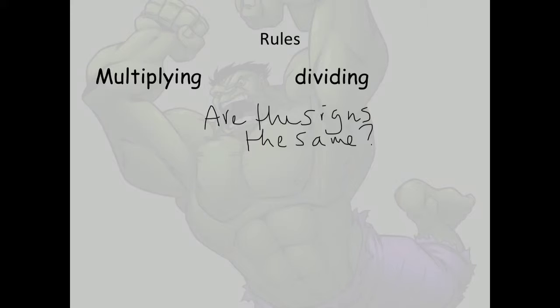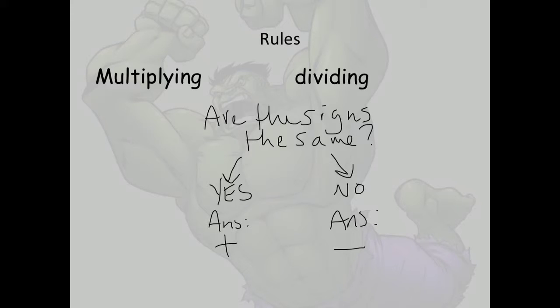But for just 2 numbers at a time, you ask, are the signs the same? Only 2 answers to that, either yes or no. If the signs are the same, your answer is positive. If the answer is no, the answer is negative.